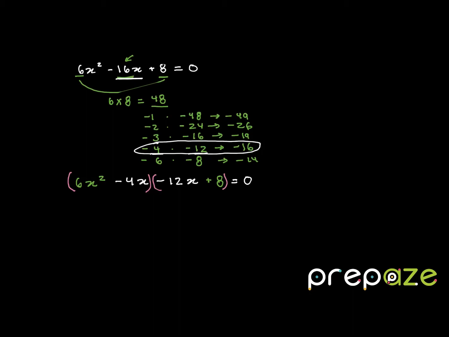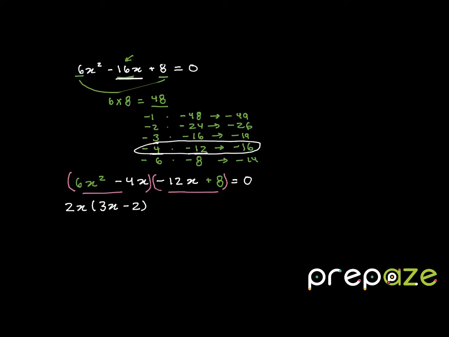What we're going to do is for each of these groups, I'm going to find the greatest common factor and factor it out. What's the greatest term that I can factor out of each of these groups? Well, for 6x squared minus 4x, the greatest term that I can factor out is going to be 2x. So I'm going to factor out a 2x, and when I factor that out, I'm left with 3x minus 2.